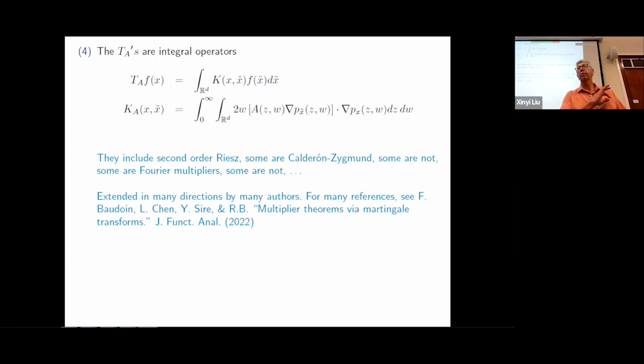You can do them on manifolds, on vector bundles, with multipliers. They are very widely used in the literature now for all sorts of applications. I give a reference here to one recent paper that I wrote with Fabrice Baudoin, Li Chen, and Yarin Sarin. Okay, so let me now go to the problem that I want to look at.